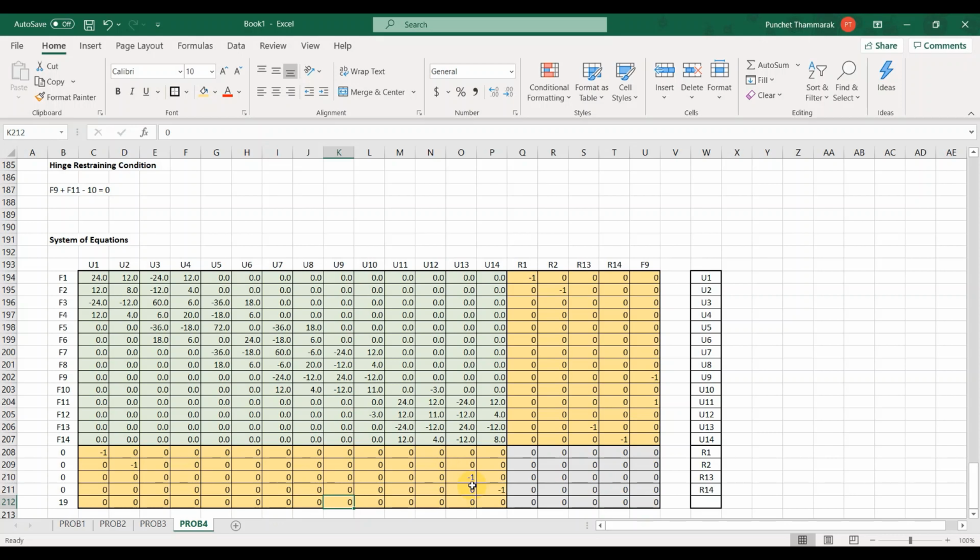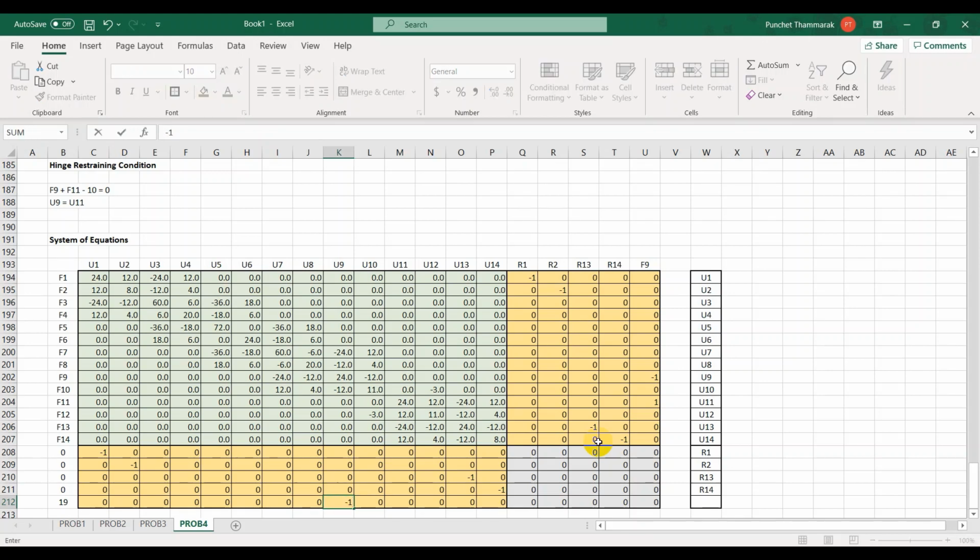And the condition we have for the displacement, we know that U9 is identical to U11, or U9 minus U11 is equal to 0. So U9 is over here, 1, and then maybe minus U9.